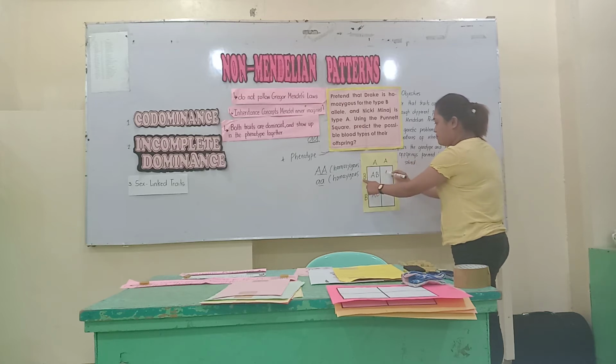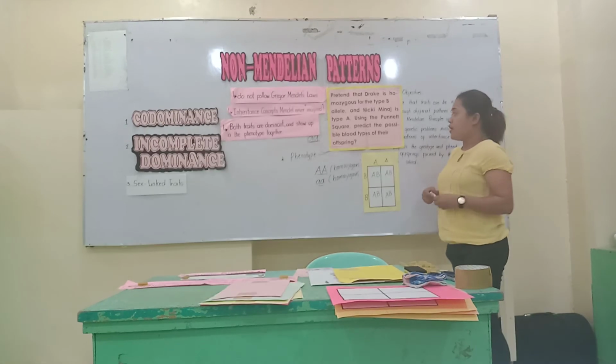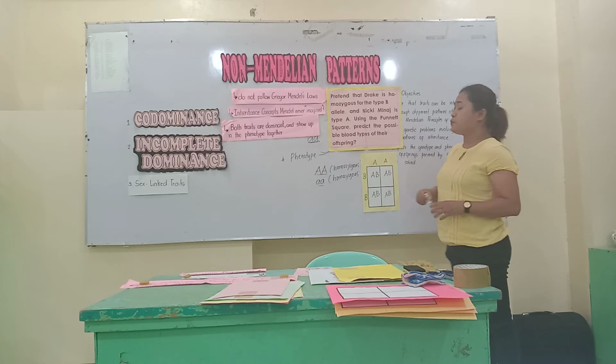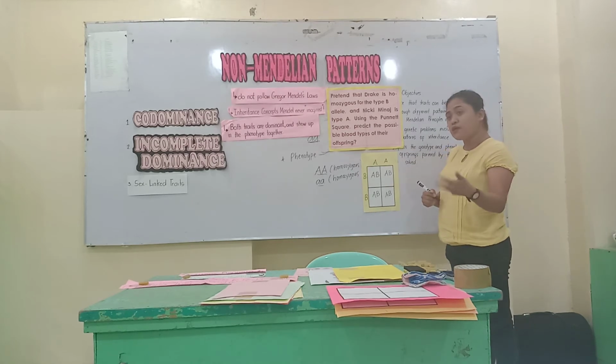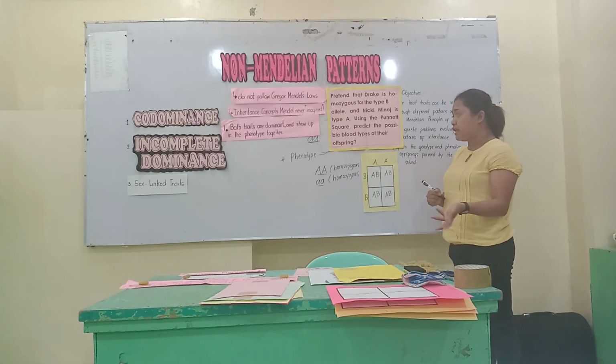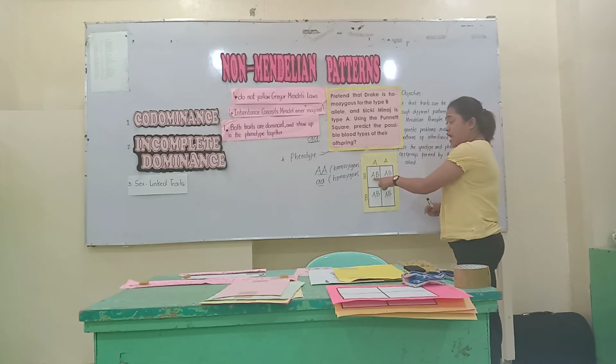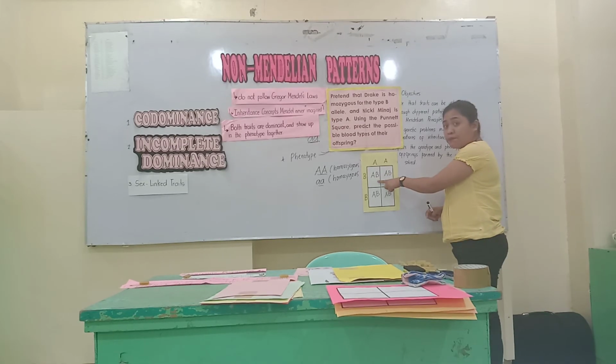So you have AB and another AB. Okay? So you have now predict the possible blood types of their offspring or offsprings. So unsa may possible or posible nga blood type nila. So you have AB, blood type AB. Okay?